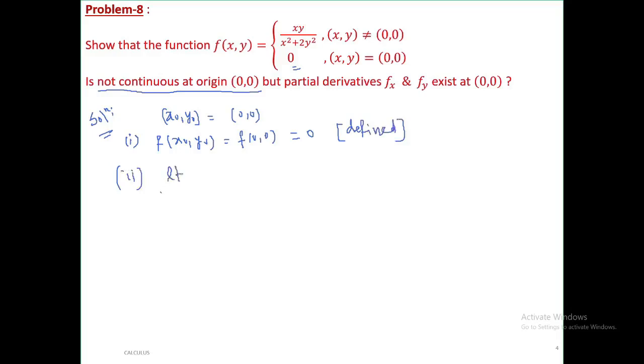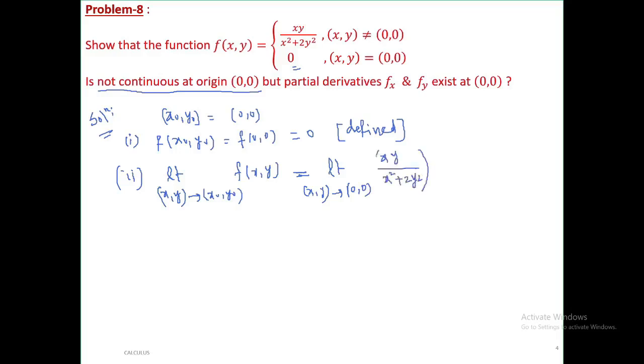Second condition, I want a limit value, right? So limit x comma y reaching to x naught y naught of the two variable function f of x y. This can be written as limit x comma y reaching to origin 0 comma 0, of x into y upon x square plus 2 times y square.